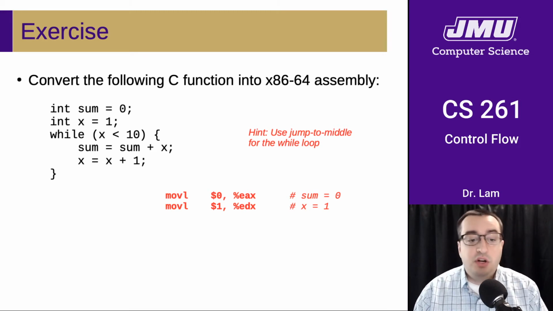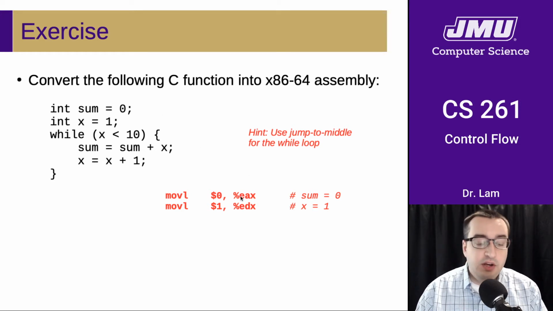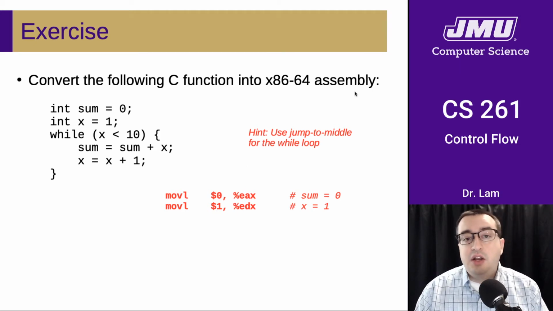So let's just arbitrarily choose to store sum in the EAX register, and we'll store x in the EDX register. So over here, we'll add some comments showing what the instructions are equivalent to in terms of the C code. So we're just going to initialize EAX to 0, so that's the sum, and then EDX to 1, which is the x.